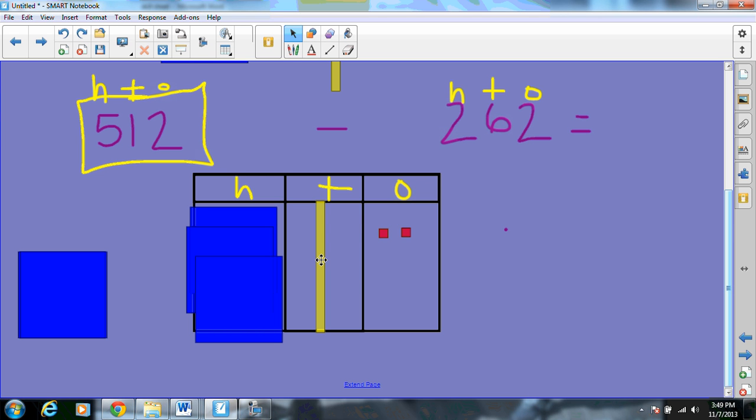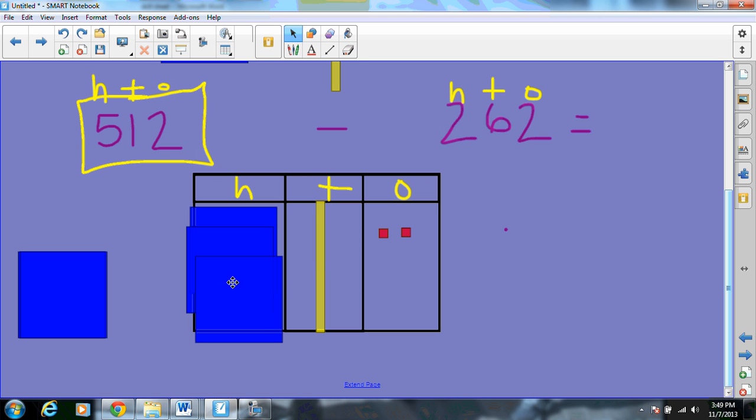Remember I told you that regrouping was also when you take 1 of something and you make 10 of it. So I could take 100, and we know that 10 tens make 100. I could take 100 and make 10 tens out of it. So that's what I'm going to do because I need to have 6 tens, and right now I only have 1.